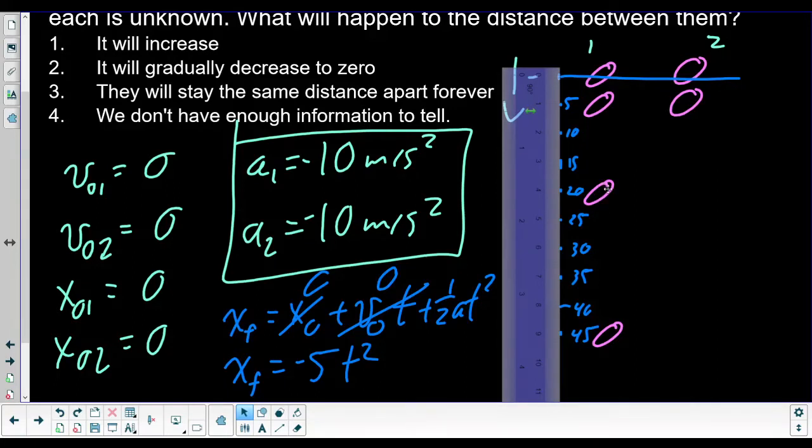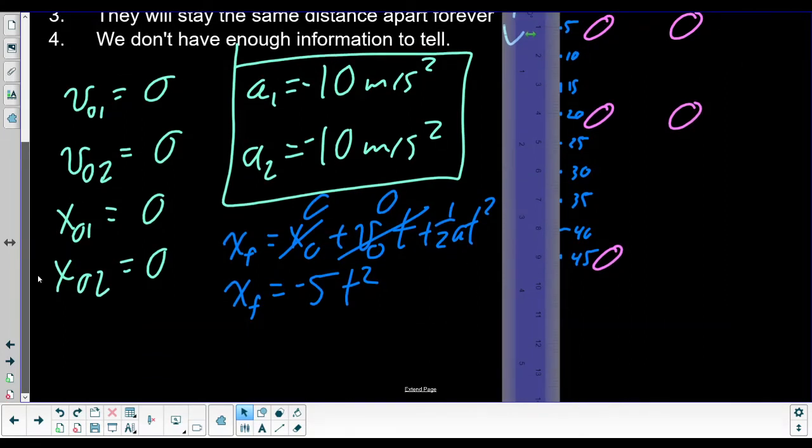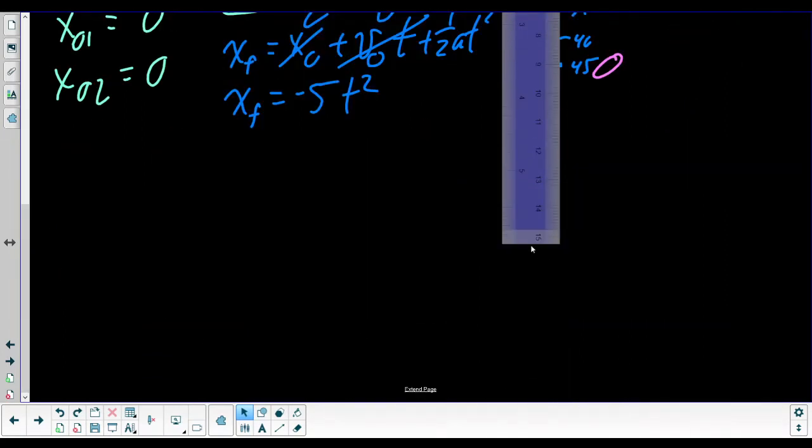This ball falls another 25 meters. This ball continues on and is now at 20 meters. Then another passes. This ball would fall, what's 4 squared would be 16, times -5 would be -80. So this would be down here at where 16 is.